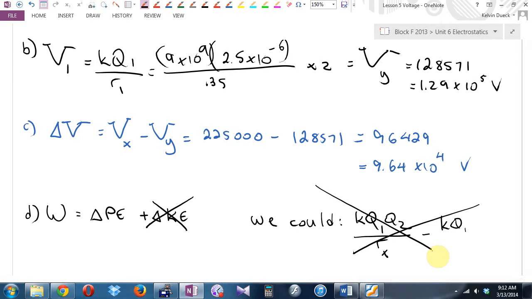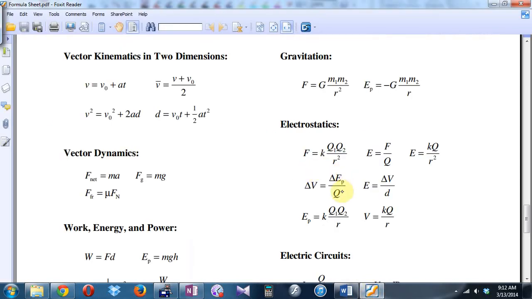I have an equation that has change in voltage and potential energy in it. See it? This one. Get the energy by itself.